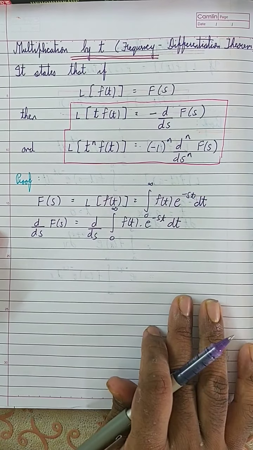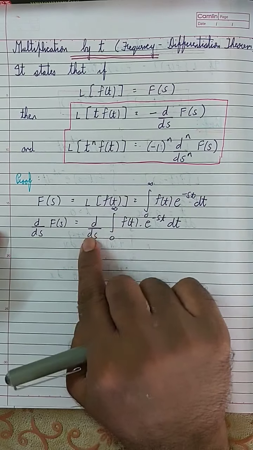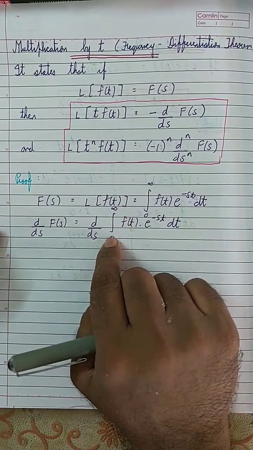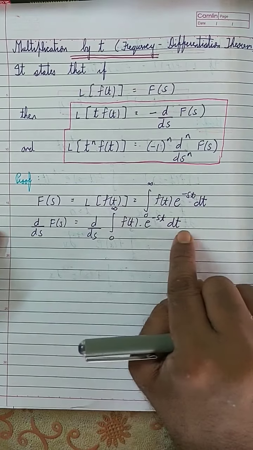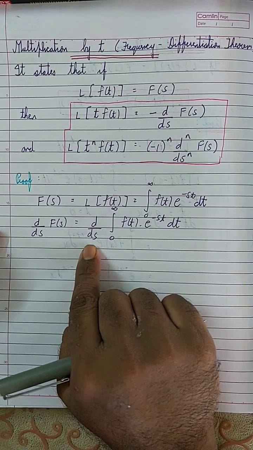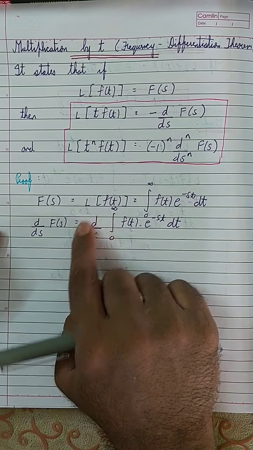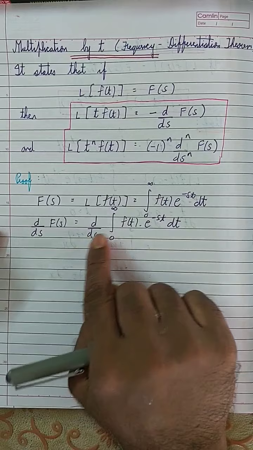Don't ever think that this differentiation and this integral will cancel each other. They will never cancel each other because this integral is with respect to time, dt, but the differentiation is with respect to the frequency s. So these two won't cancel each other.